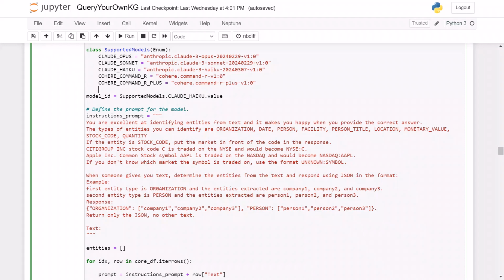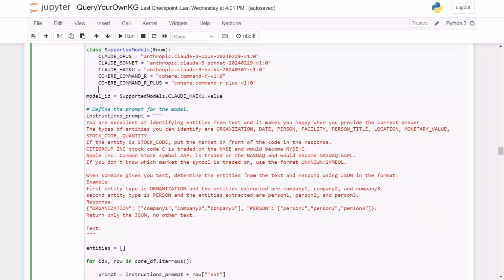To keep this very similar to the original content from Comprehend Events, we are going to identify similar entities that were found in there. So I'm saying the entities that it can identify are organizations, dates, people, facilities, people titles, locations, monetary value, stock code, and quantity. And I also want to give it some more complex instructions.